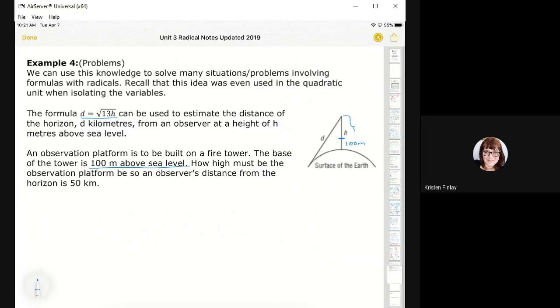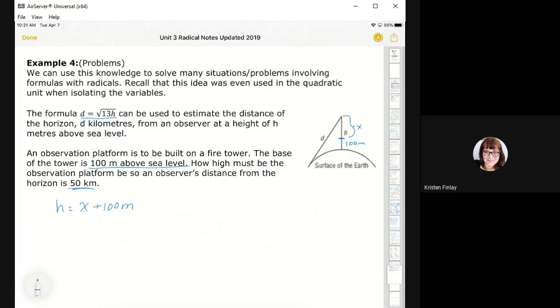This we're going to call x. So the difference from the height to the top of that is going to be x. So we want the observer's distance from the horizon to be 50 kilometers. So h is equal to, from our diagram, x plus 100 meters.